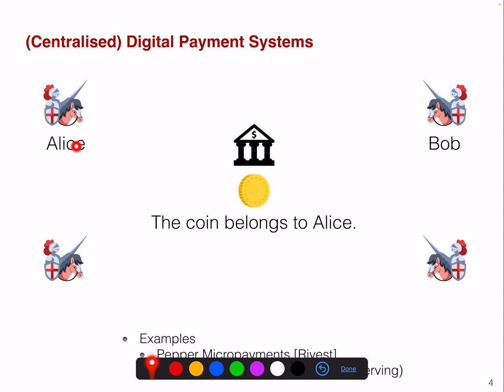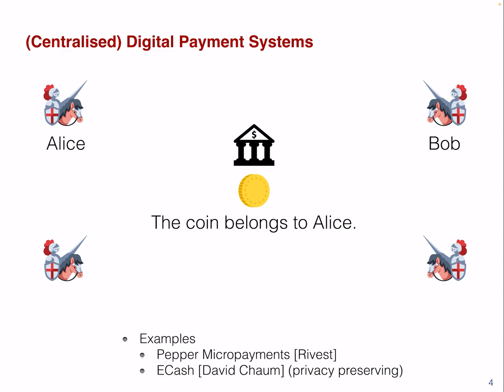If Alice and Bob want to perform a payment, then since Alice owns the coin according to the bank, the other participants will also accept that statement from the bank. To give you a few examples of such digital payment systems: Payword and micropayments from Rivest, or eCash from David Chaum. These are typical examples of historical payment systems.